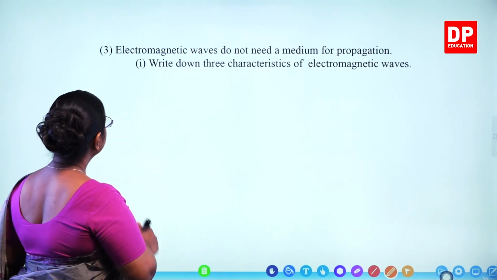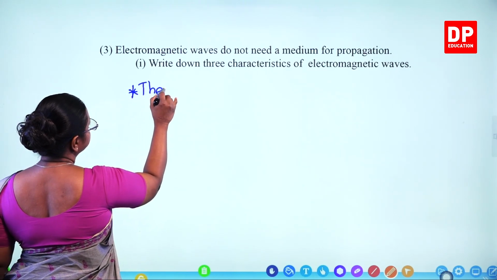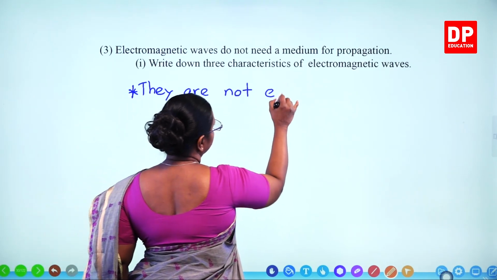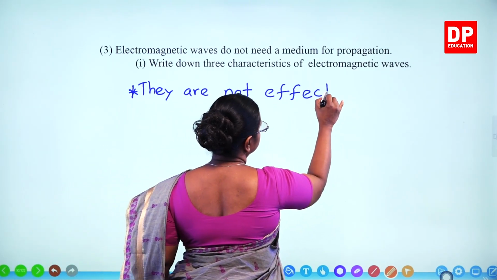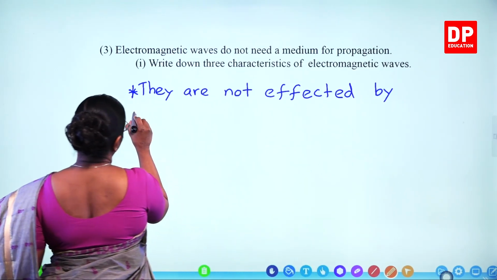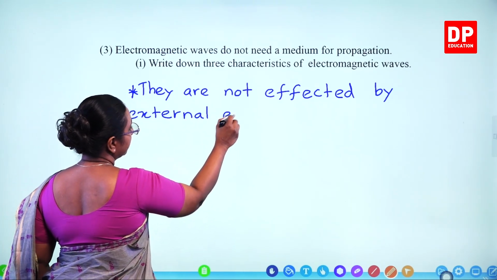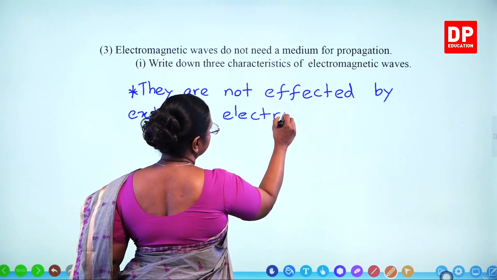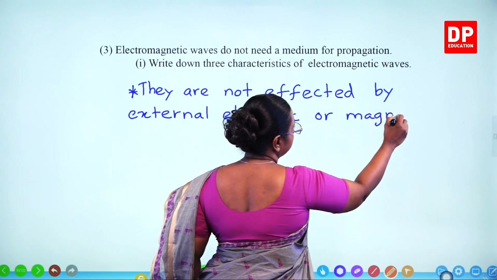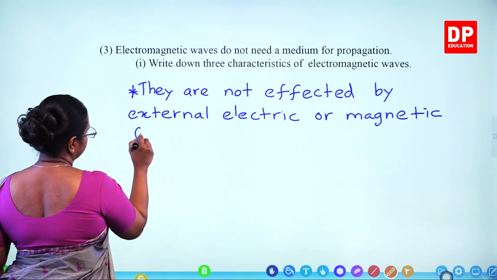That is the first characteristic. They are not affected by external electric or magnetic fields.